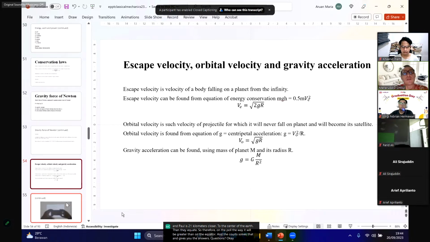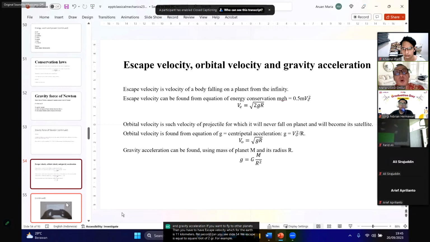Okay, the next slide then. Now we talk about escape velocity, orbital velocity, and gravity acceleration. If you want to fly to other planets, then you have to have escape velocity, which for the Earth is 11 kilometers per second. Can you see slide 54? V escape is equal to the square root of 2gr.